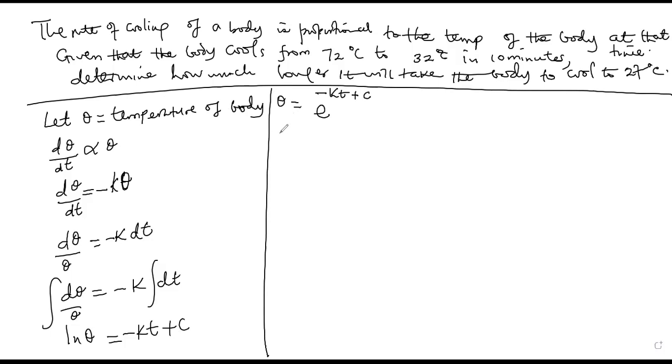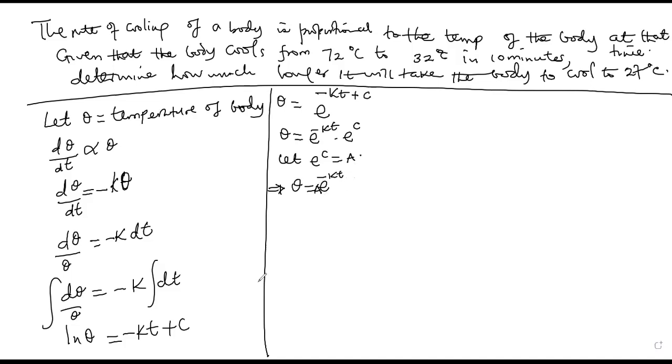So our theta is going to be equal to e to the power negative Kt times e to the power C. I can let e to the power C be equal to A, implying that my theta is equal to e to the power negative Kt times A.